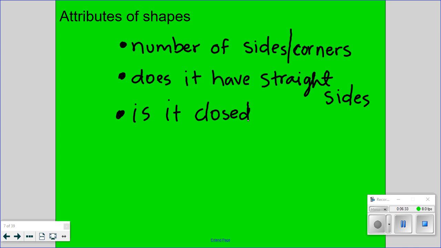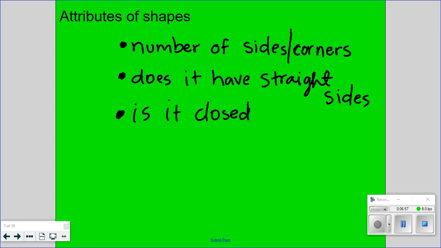All of the shapes that we look at in 3rd grade will be closed, but there are shapes that aren't. It's not considered a polygon. It would be like a squiggle. A polygon is a shape. So in 3rd grade, all of our shapes will be closed.